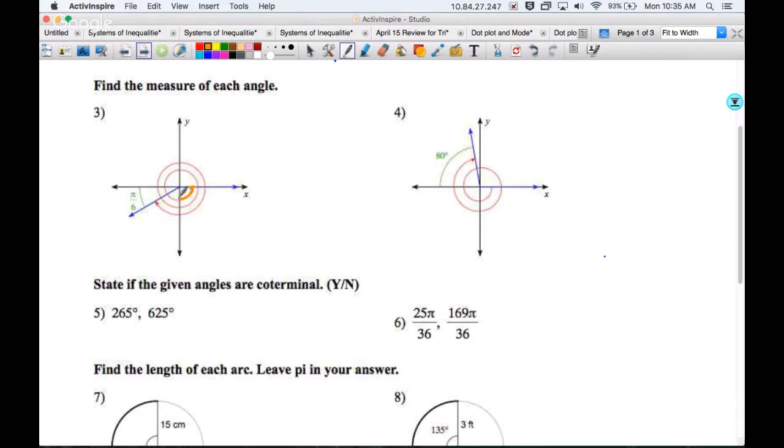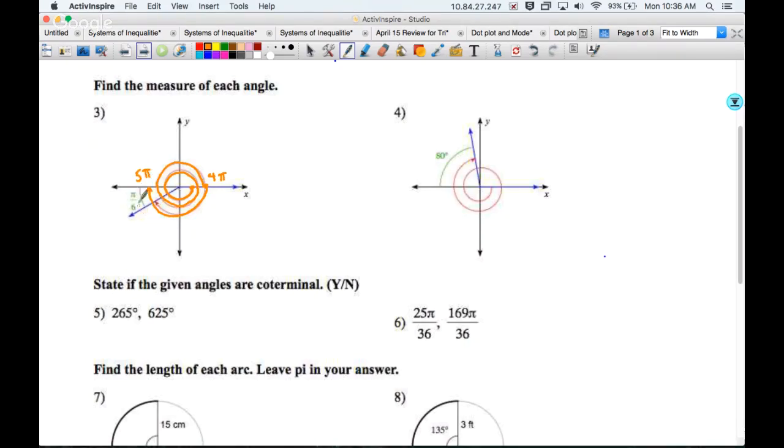As I start to trace it, I go pi, 2 pi, 3 pi, 4 pi. So 4 pi to get to this unit right here. And now I can either undershoot and add or overshoot and subtract. For this one, it'd be easier to overshoot and subtract. So if I kept going around to here, that would be 5 pi.